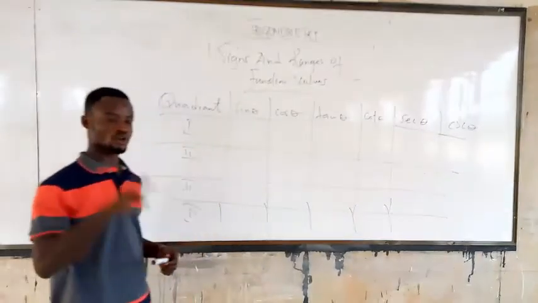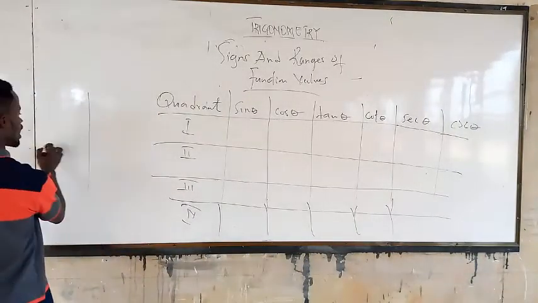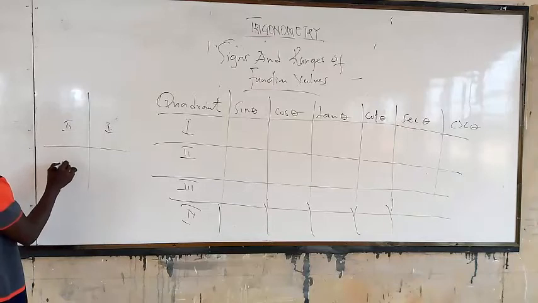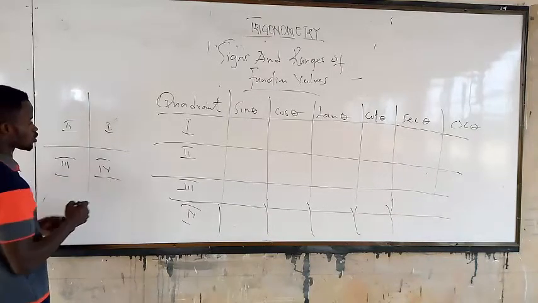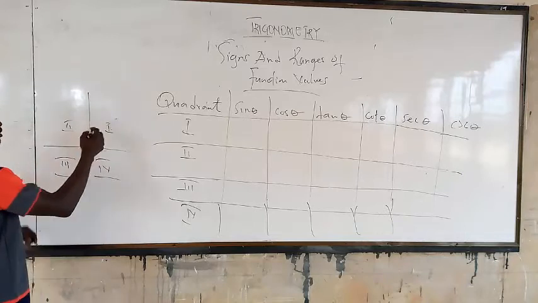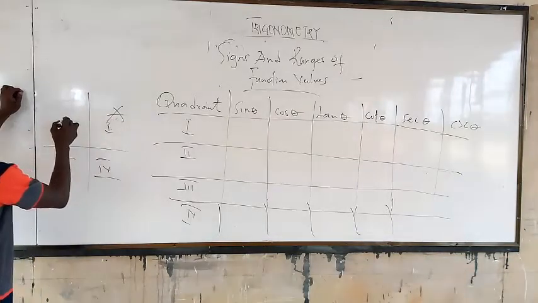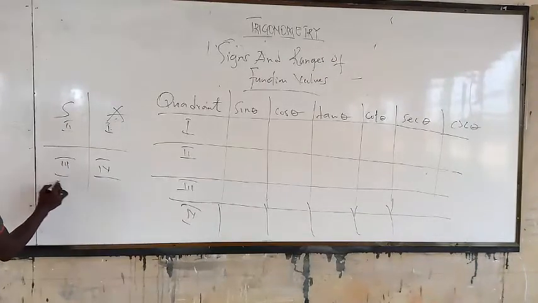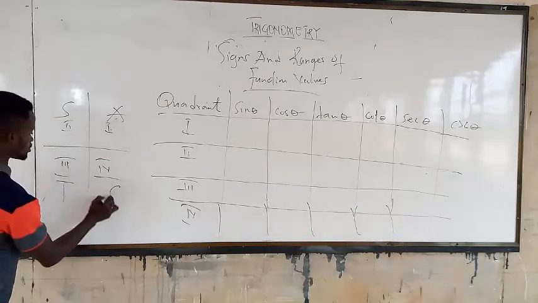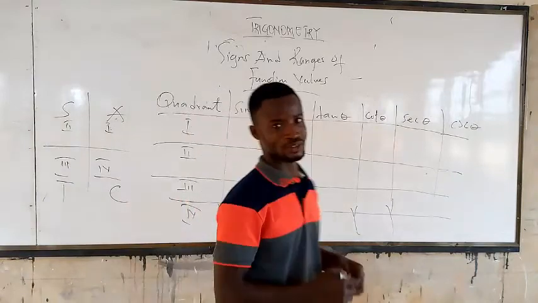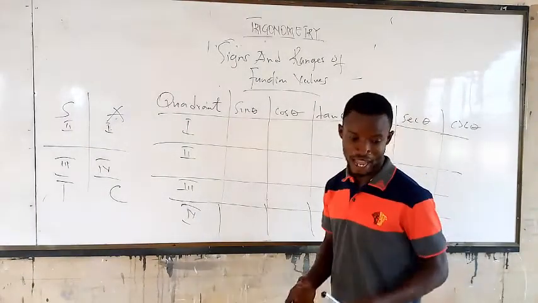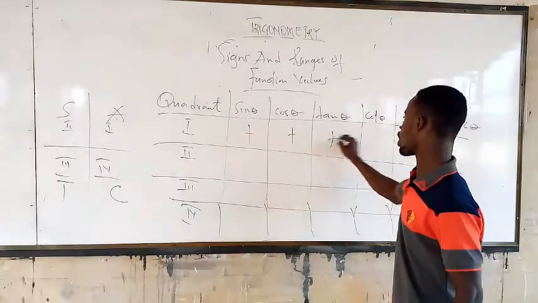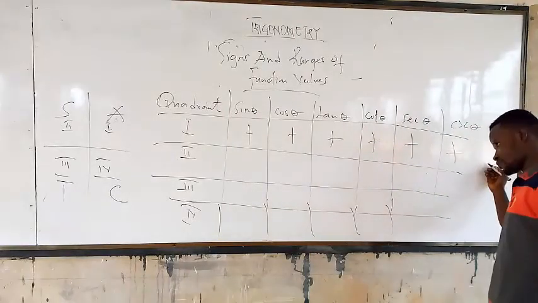Okay, so let's do something. We have the first quadrant, the second quadrant, the third quadrant, the fourth quadrant. The first quadrant, I'm going to represent by A, here S, here T, and here C. So what we are saying is that in the first quadrant, sine, cos, in fact all the identities are all positive.